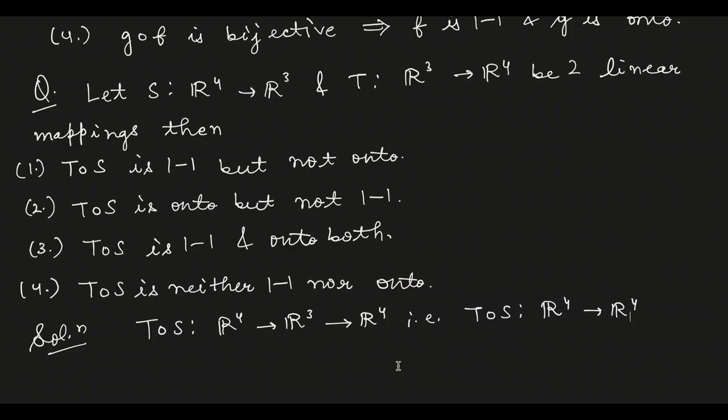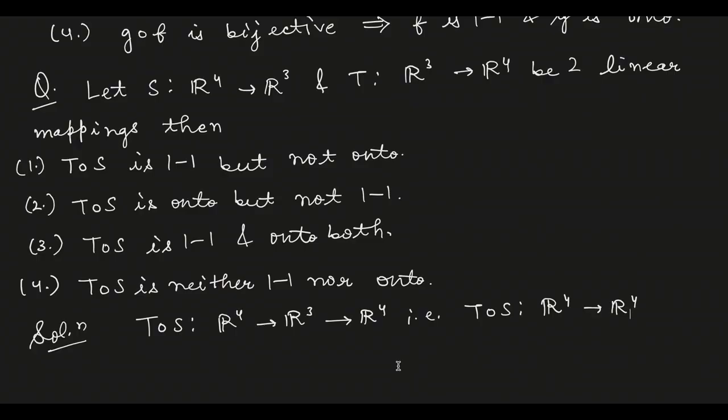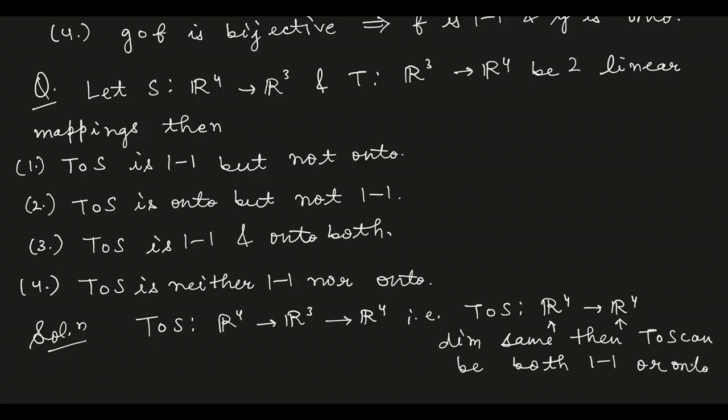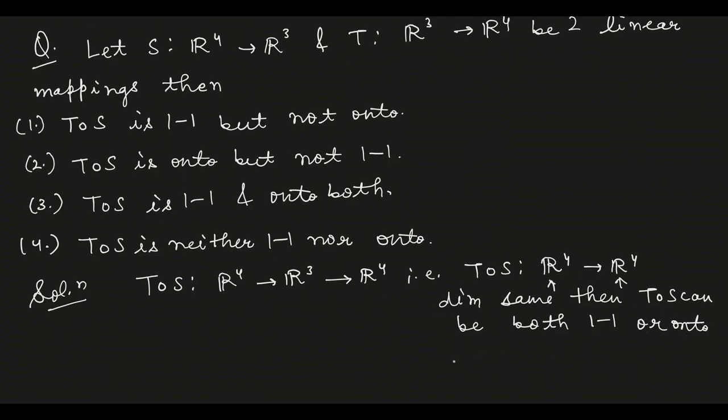So if the dimension of domain and codomain is the same, then T composition S can be both 1 1 and onto, or neither 1 1 nor onto.